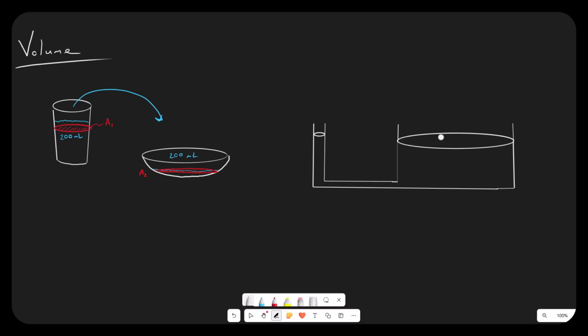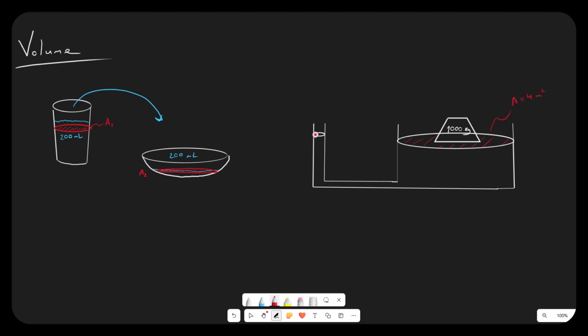Maybe on this side I have a big block, and this thing's going to have a very large mass. Let's go 1,000 kilograms, so a metric ton of mass. And I'm going to give this thing an area of maybe, let's go 4 square meters.